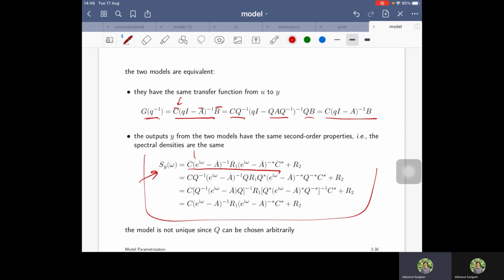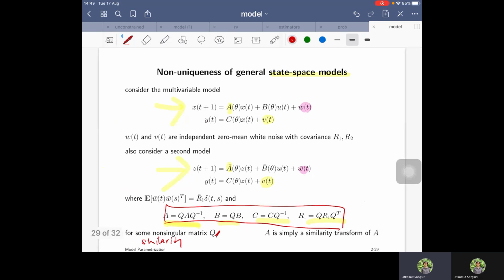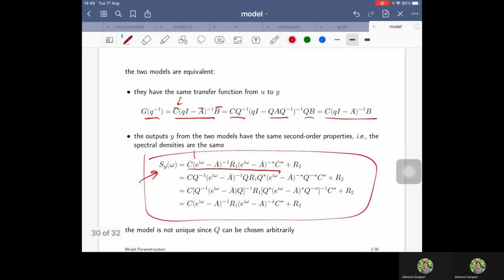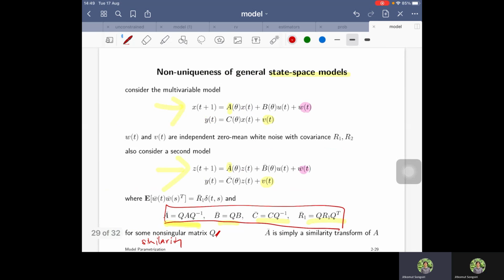I don't want to involve this too much, but the whole point here is that the spectrum you derive from one model is the same as the spectrum you would derive from the other model. And that means when you estimate the state space model, just keep in mind that you can always obtain another set of parameters just by using the similarity transformation.